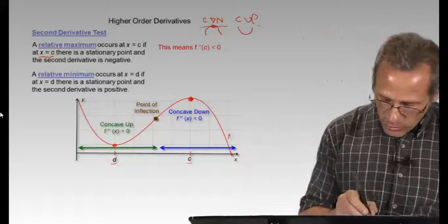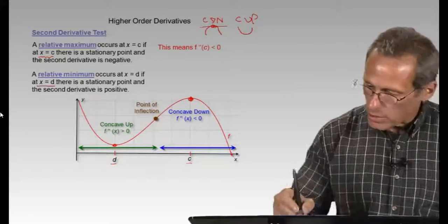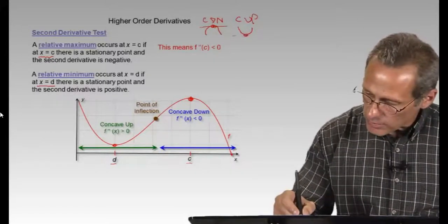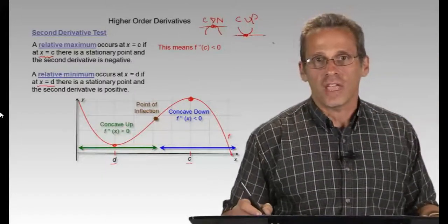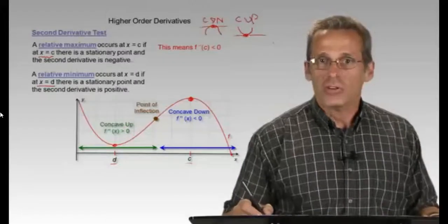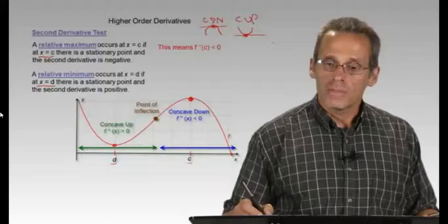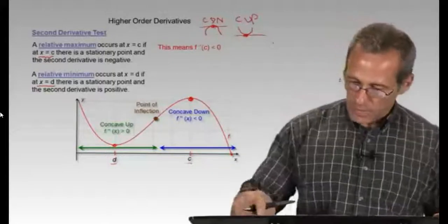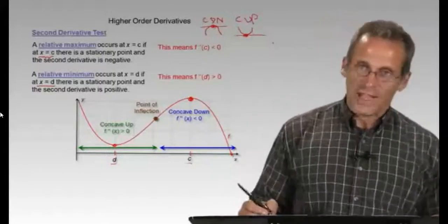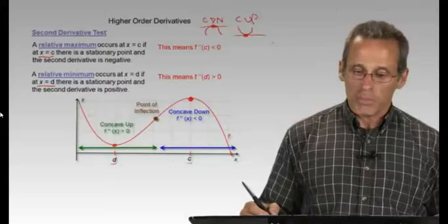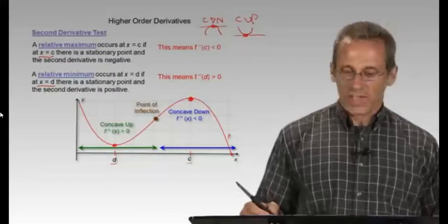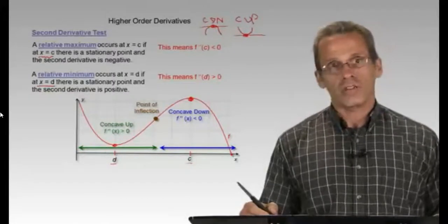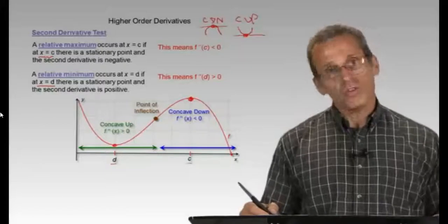Because at x equals d we have a stationary point, we know we have a horizontal tangent. Where's the only spot along that curve where you would have a horizontal tangent? At a relative minimum. Now you know what I'm going to say, right? This means the second derivative evaluated at d is going to be positive. So for a relative maximum, the second derivative is negative, and for a relative minimum, the second derivative is positive.